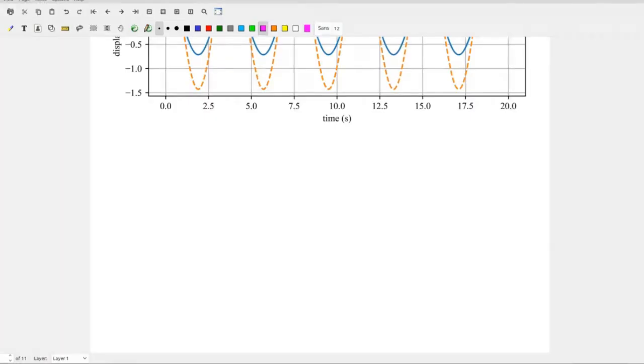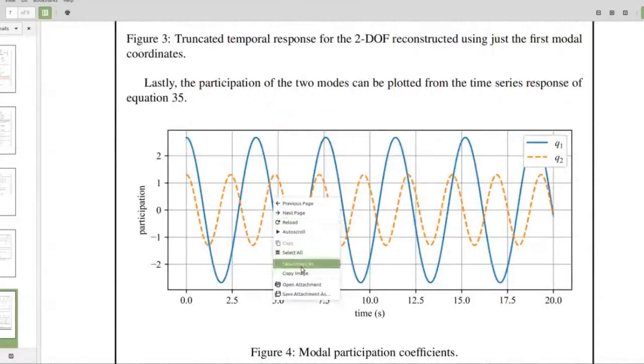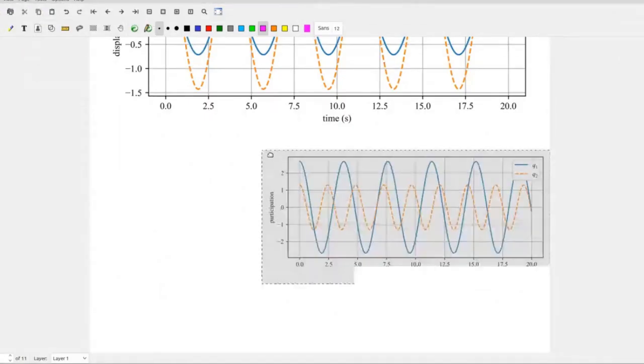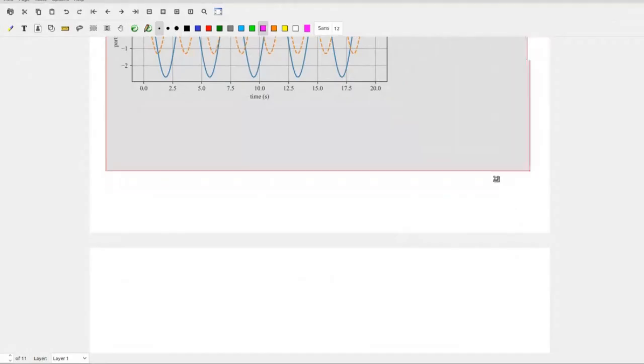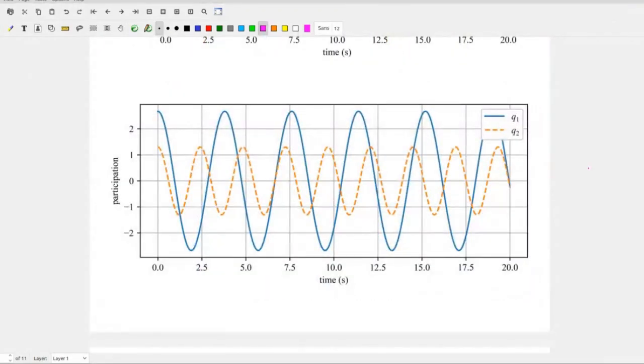So let's look at the time series response of Q1 and Q2. Here we have Q1 and Q2. We have participation.